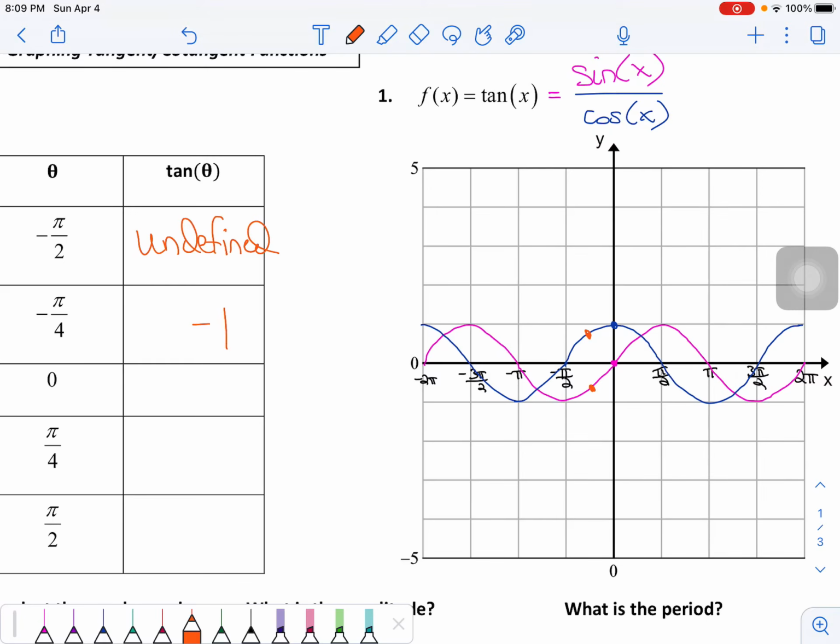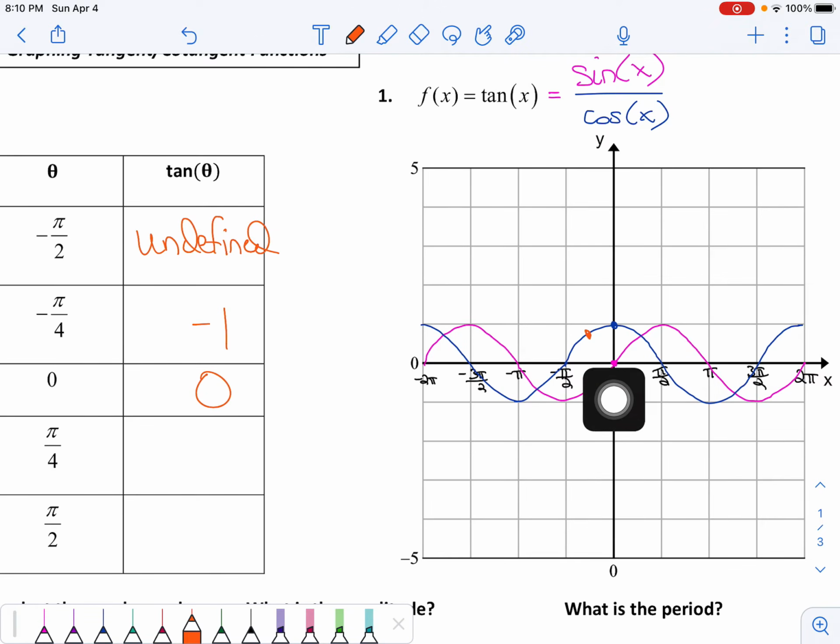So tangent is equal to -1 at negative pi over 4. Now, what happens at 0? Well, sine is 0 and cosine is 1. So 0 divided by 1 is 0.